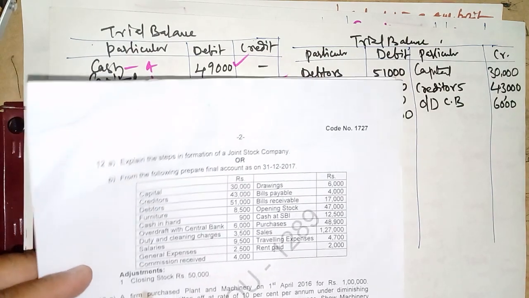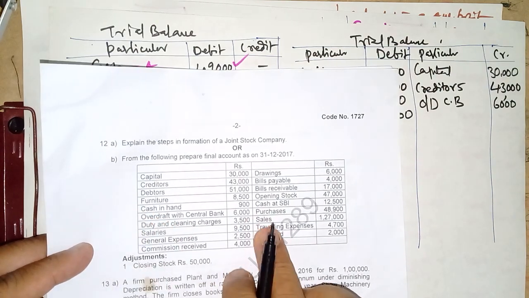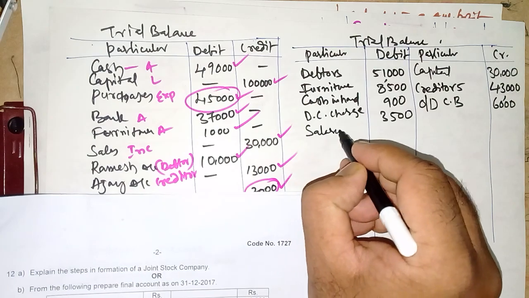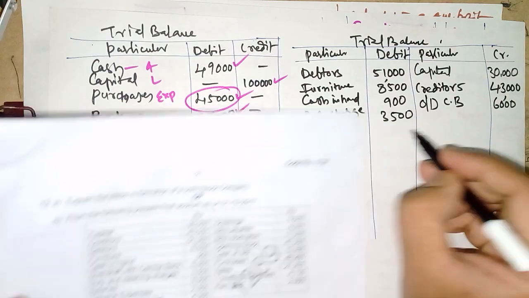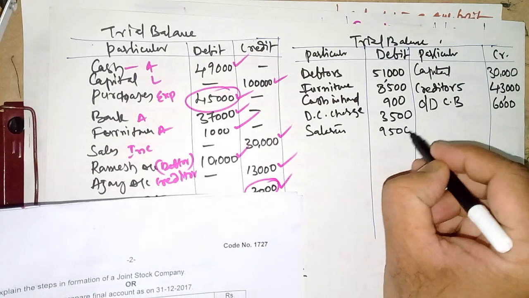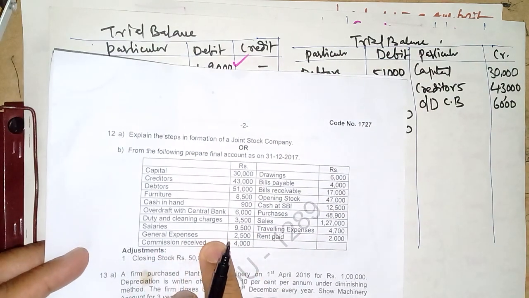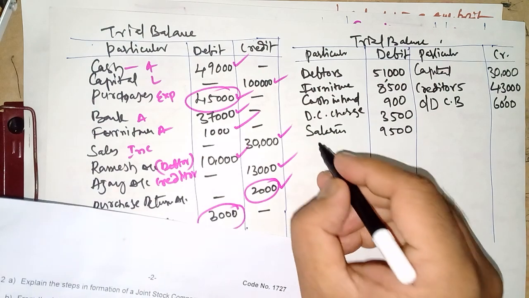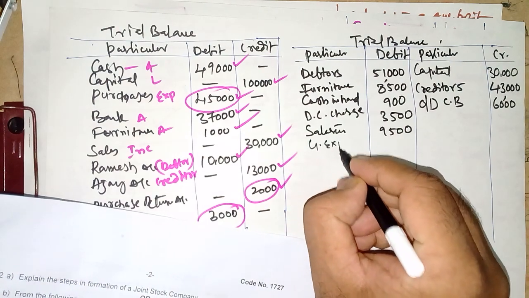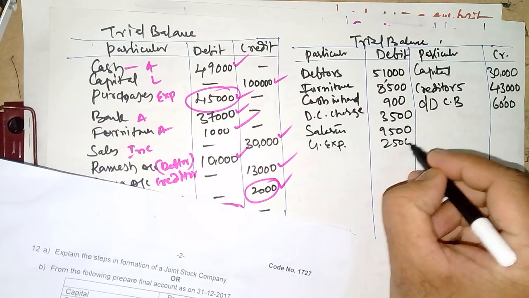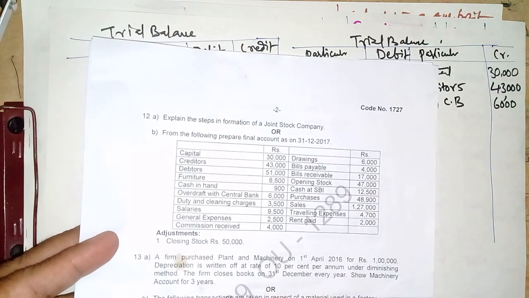Salaries is an expenditure for the organization, so salary shows a debit balance. The salary amount is 9,500. General expenses, an expenditure, show a debit balance. 2,500.